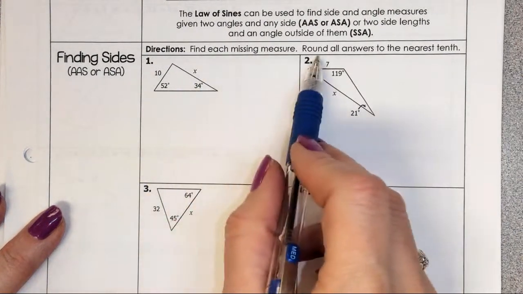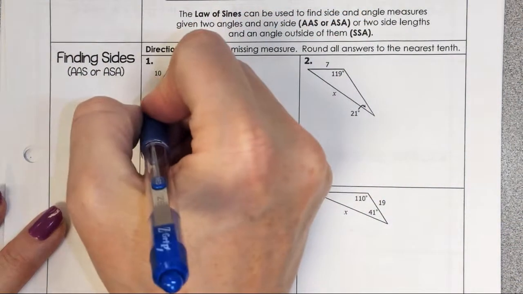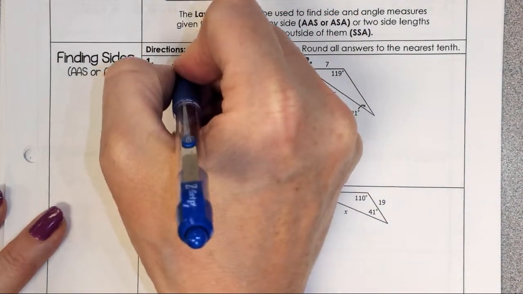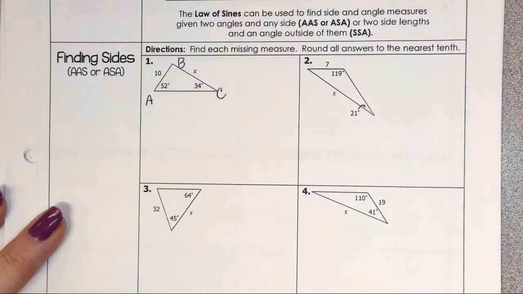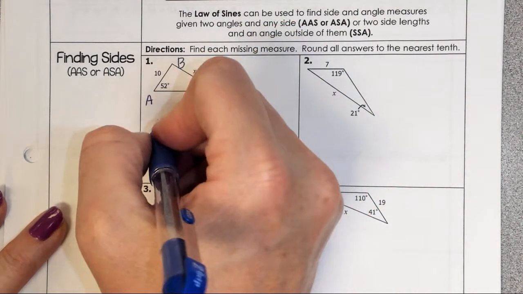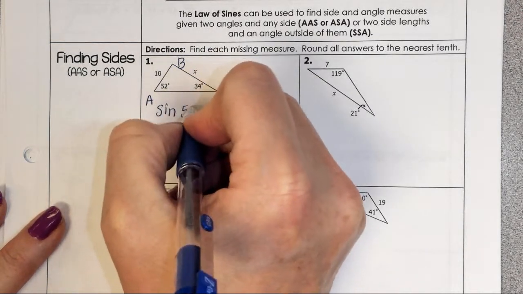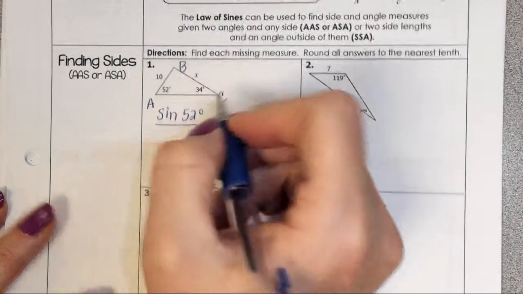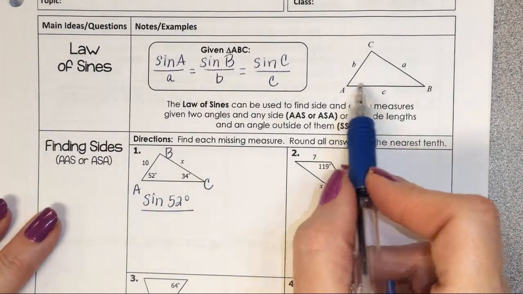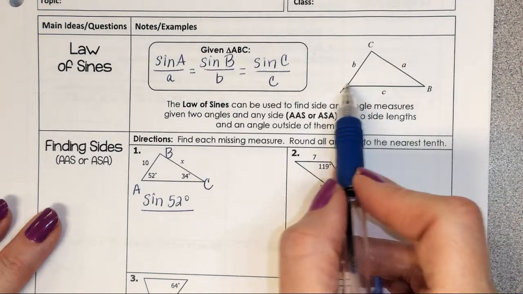All right, so let's look at this first problem. Find each missing measure. Round all answers to the nearest tenth. Okay, so I'm going to call this A, this B, and this C. Based on this rule, I'm going to look at this angle. I can do the sine of that angle, 52, over. Now, if this is angle A, this is called side A because it's right across from it.